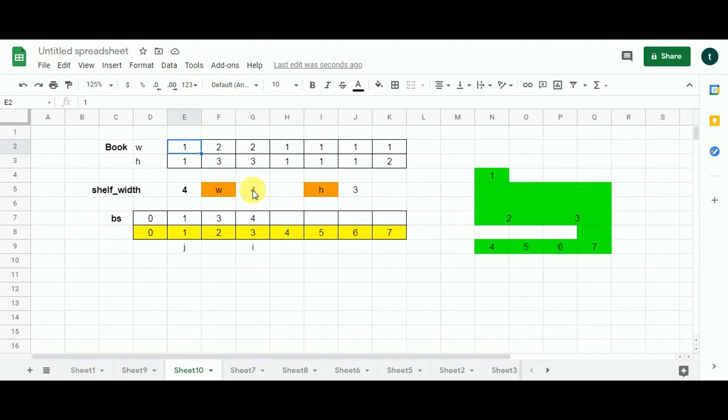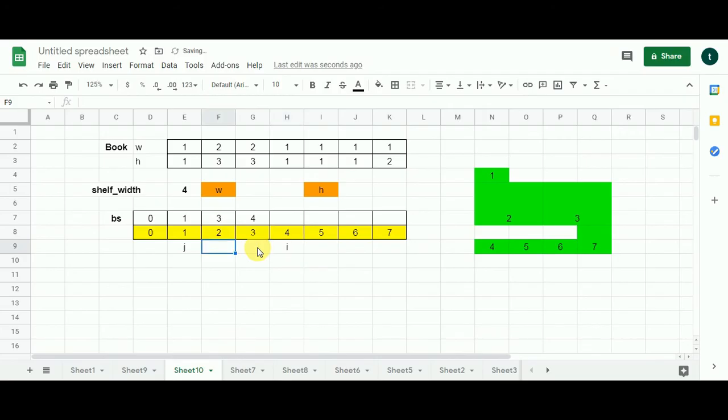If I update it over here, first thing which I will check is whether it exceeds my shelf width. Yes, it exceeds my shelf width. That means there is no chance we can place book number 1, book number 2 and book number 3 together. We'll have to settle with this arrangement. Alright, now I'm going to clear these two variables and I moves one step to the right.